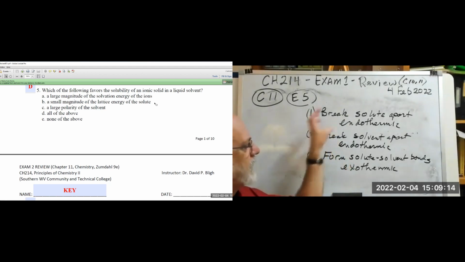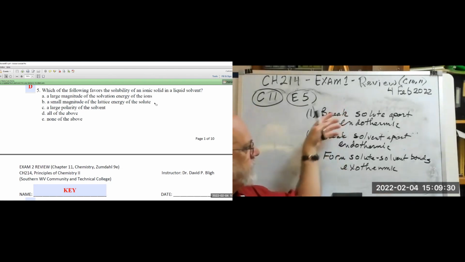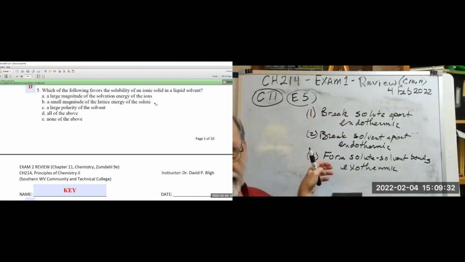Or if you only put a little bit of energy here and you get a lot of energy back here, that also favors not forming a solution. So it's when they're roughly equal, 1, 2 equals 3.